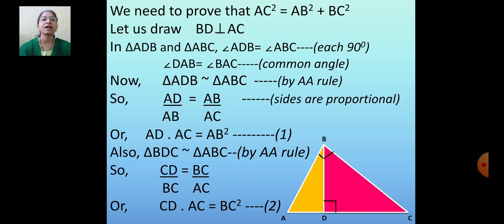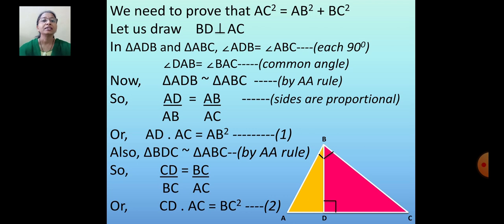Now in triangle ADB, shown with yellow color, and the bigger triangle ABC, in these two triangles, angle ADB is equal to angle ABC. What is the reason? They both are 90 degrees, they both are right angles.